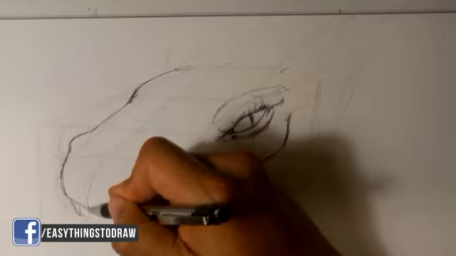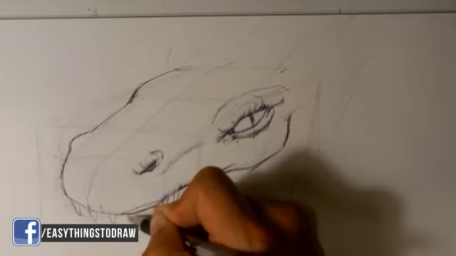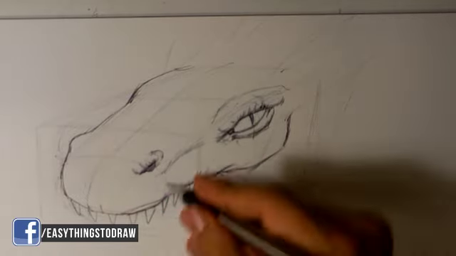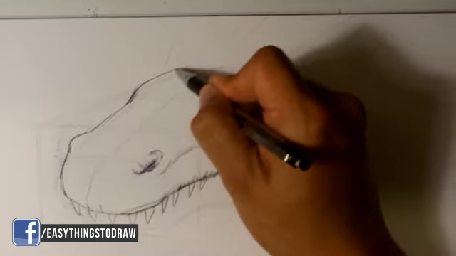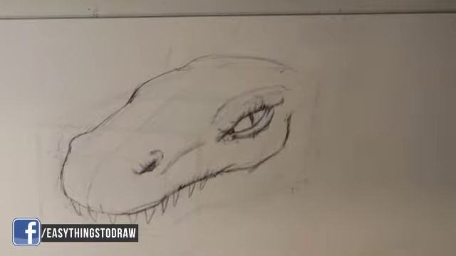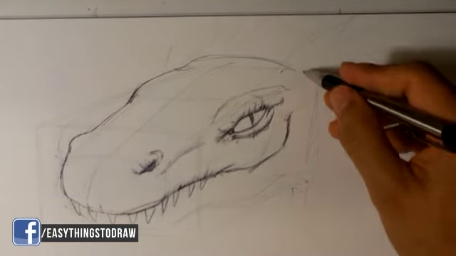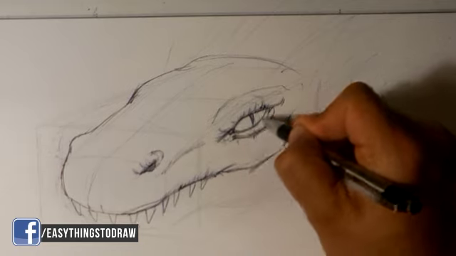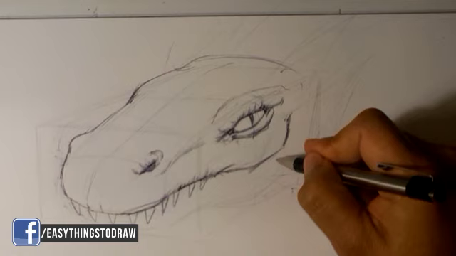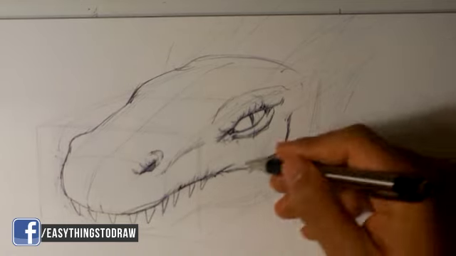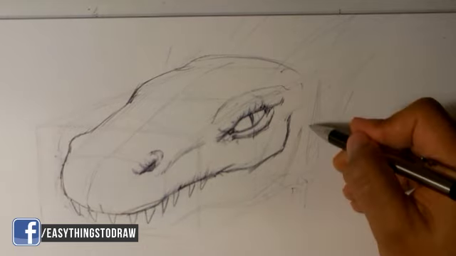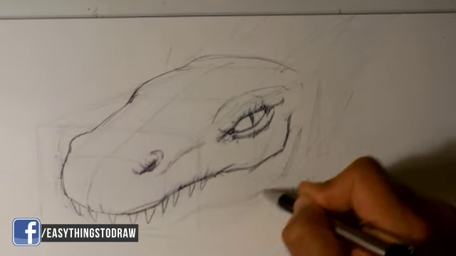Going back to the teeth really quick. Flattening out the top of the head there. Back to the eye as I go down. Going down to the masseter. The masseter's underneath here.